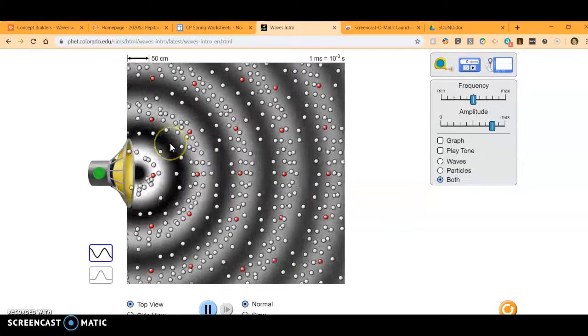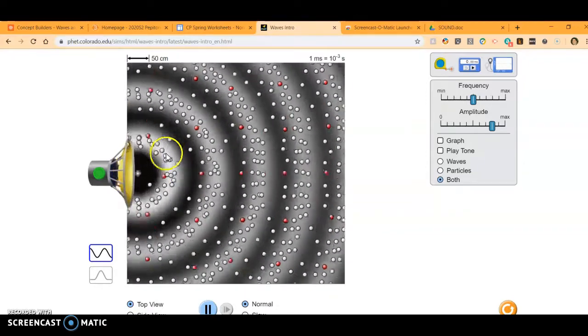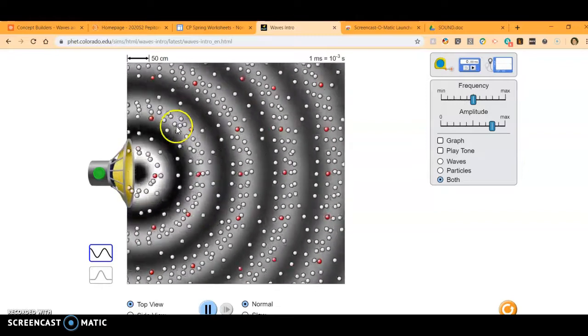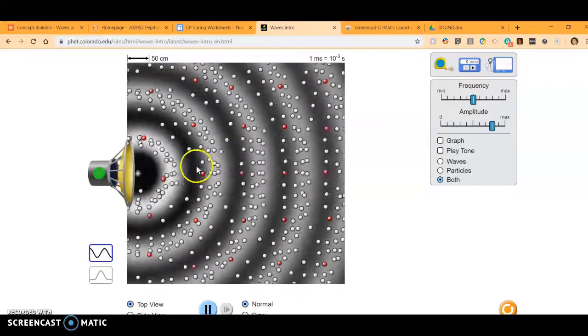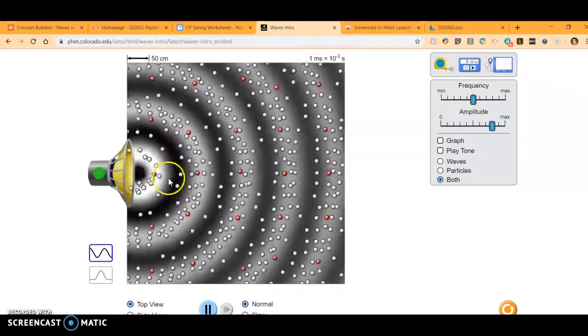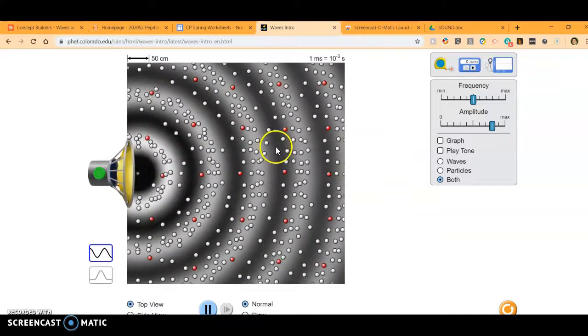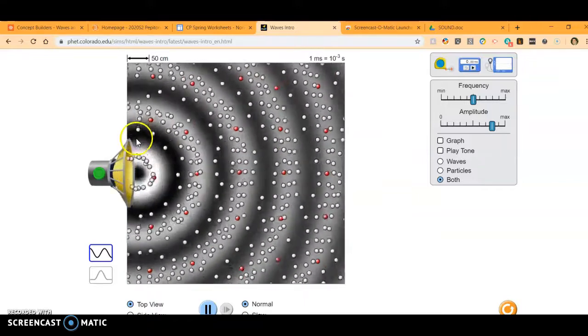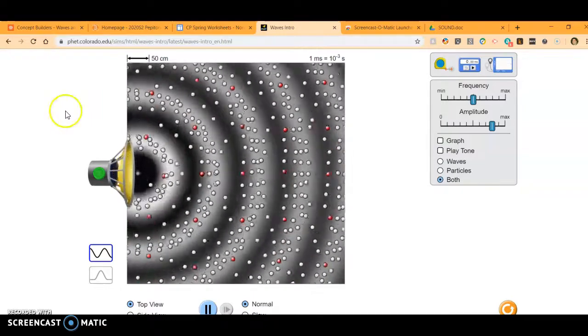It moves in pulses like that of air particles being bunched together. So these are in compressions. These red dots end up pushed with the rest of the white dots in compressions. In between these black areas here that move out that the red dot's going to skip over, those are called rarefactions. And so that'll answer two of those questions on the Google form.